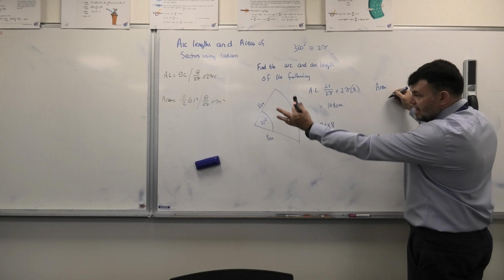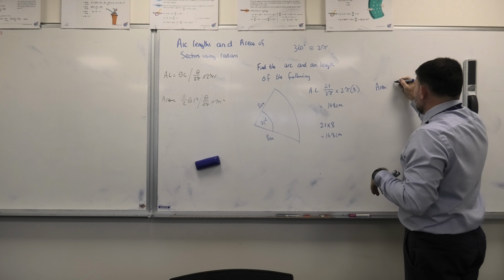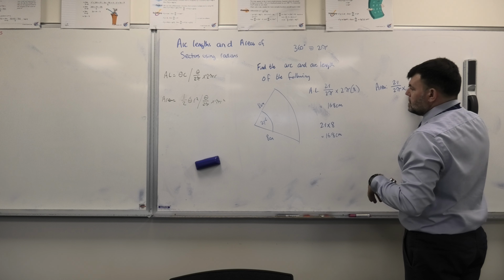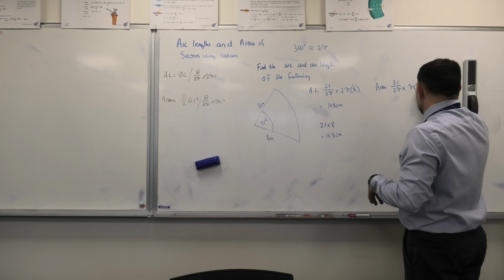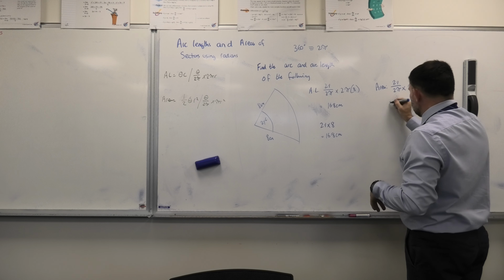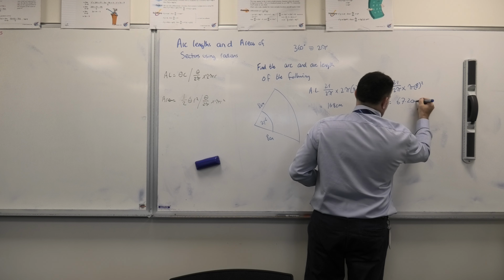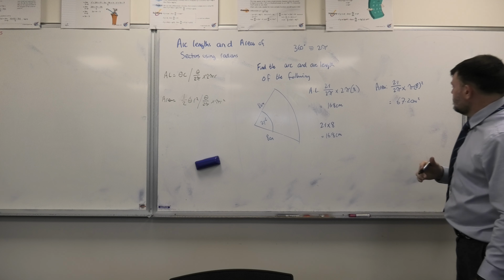If we look for the area, again, let's use 2.1 over 2 pi times pi times 8 squared. If we work that answer out, we should get something like 67.2 centimeters squared.